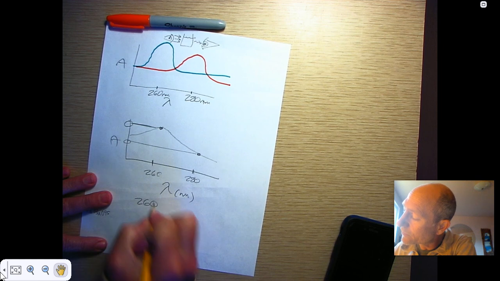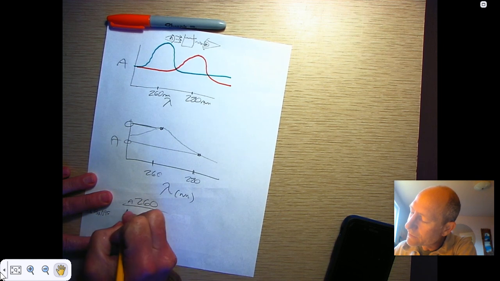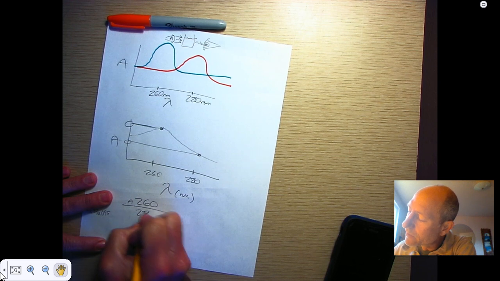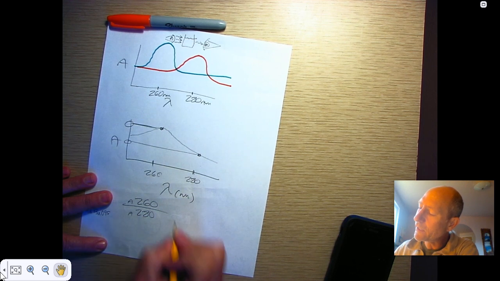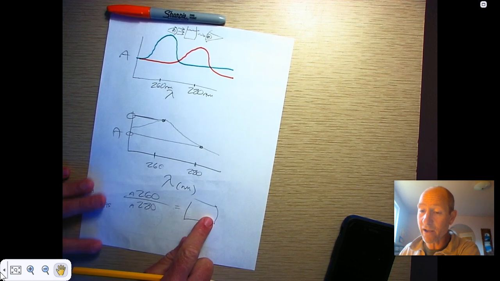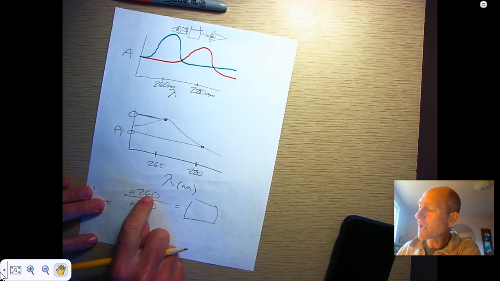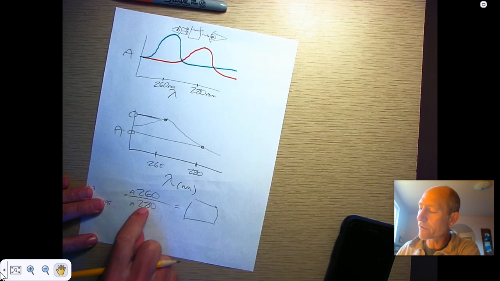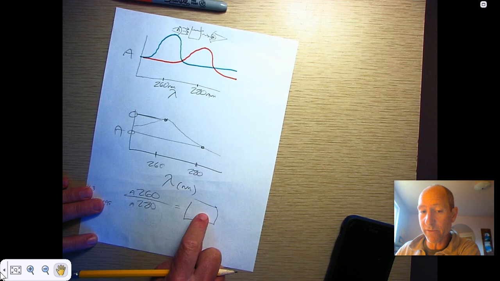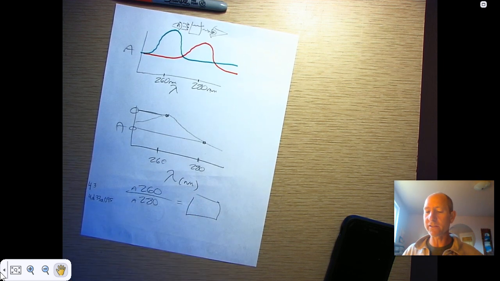So you take the absorbance at 260 divided by the absorbance at 280, and that's going to give you a relative number that's going to tell you the purity of your sample. So the bigger this number is, the more pure your sample is going to be. You want this number to be relatively big.